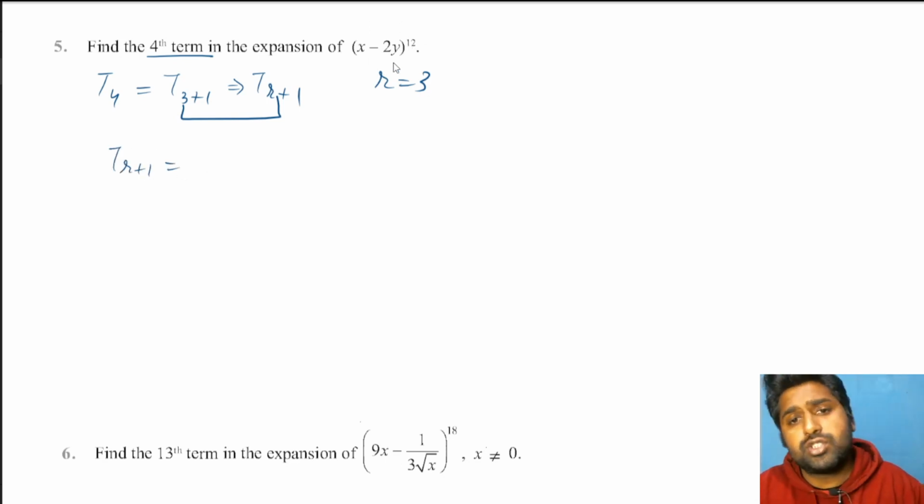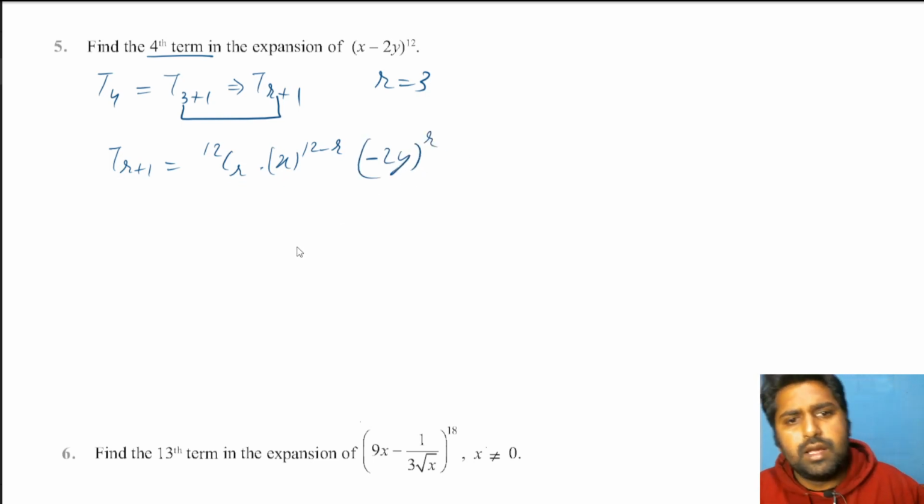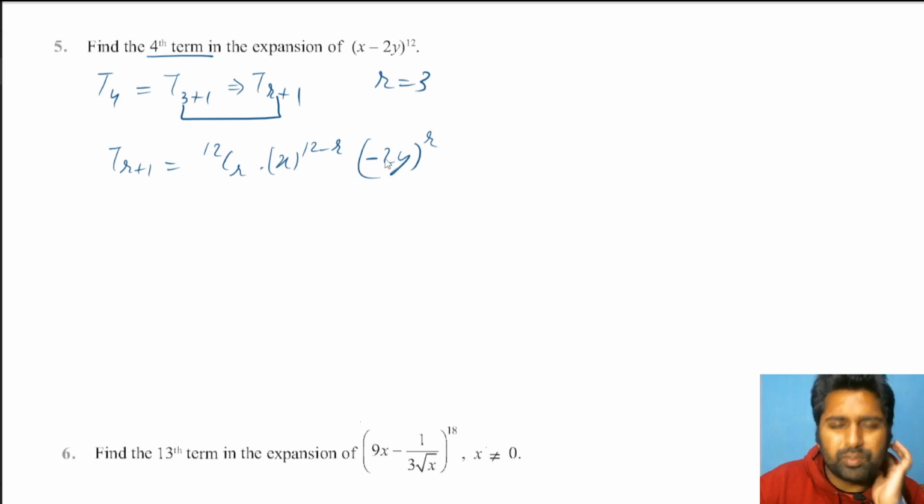Same thing, you have to first write the general term. So 12Cr, x raised to power 12 minus r, and minus 2y raised to power r. And you have to put the value of r as 3. What you can do is literally simplify it and then put the value of r as 3, or you can directly put the value of r as 3.